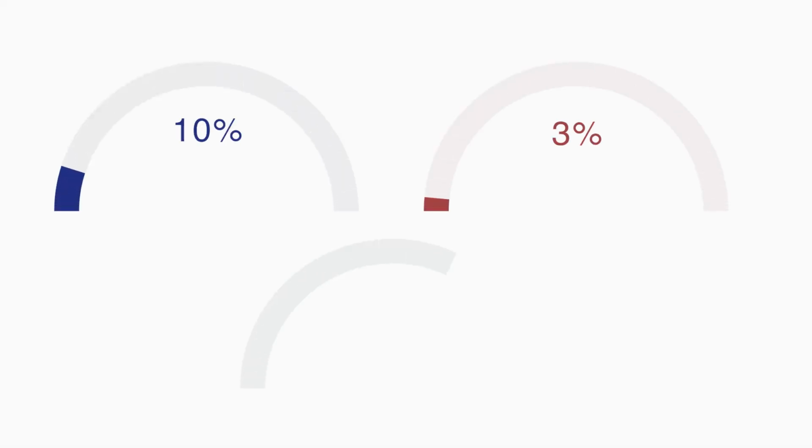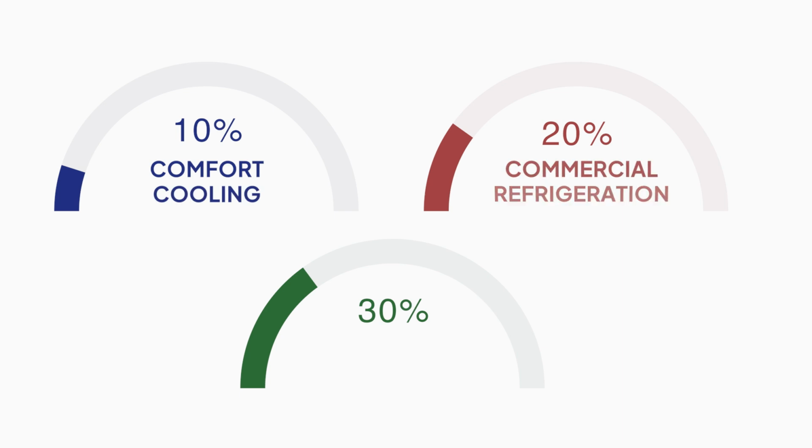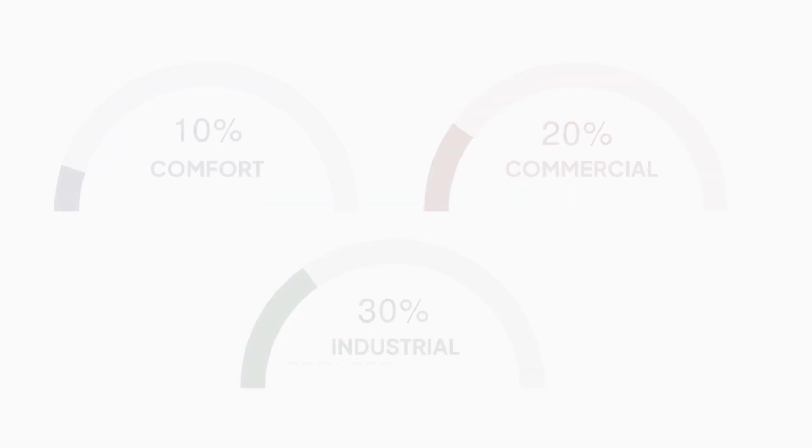Specifically, the EPA has set 10%, 20%, and 30% as leak rate thresholds for comfort cooling, commercial refrigeration, and industrial process cooling, respectively. And if leaks exceed those thresholds, then certain leak repair actions must be taken within 30 days.